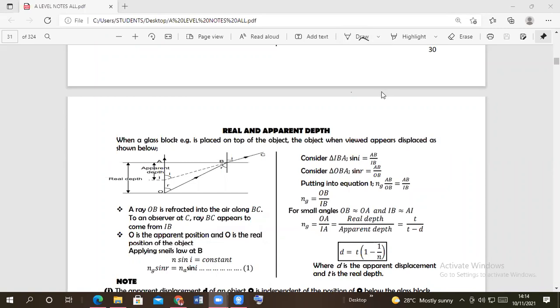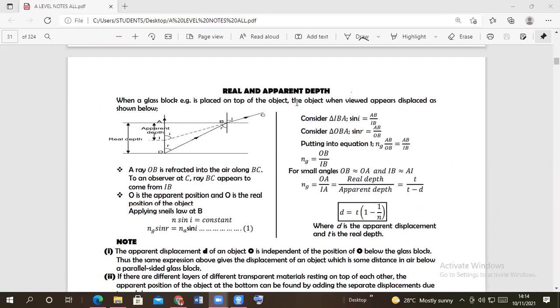Real and apparent depth is what we use if you want to determine the refractive index of a given material. Remember that materials have different refractive indices due to the difference in the speed at which light travels through that material.